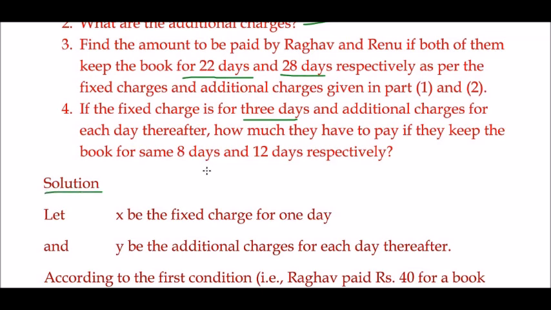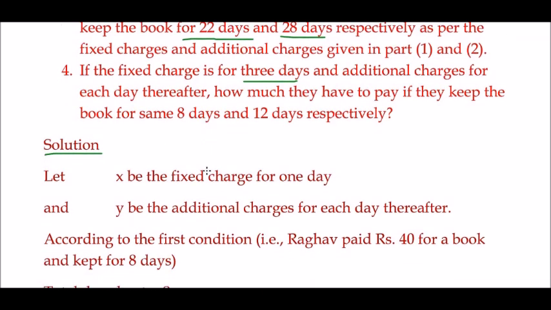To solve this problem, we need to derive two linear equations according to the conditions. Here, the common condition is a book has a fixed charge for 2 days and an additional charge for each day thereafter. Now we need to construct the equations.